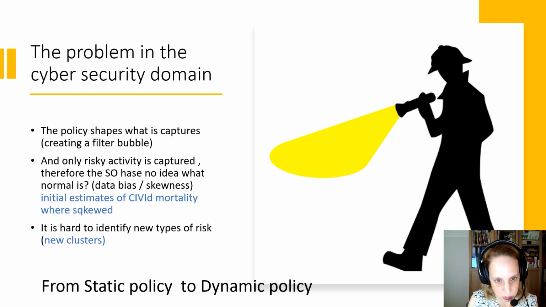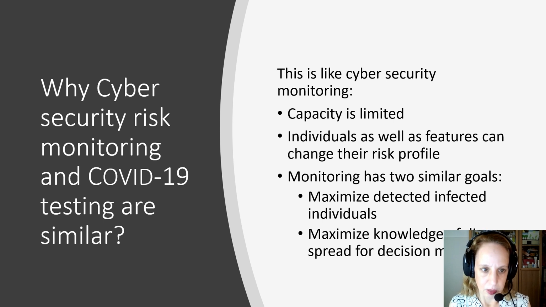And since we're only capturing the risky activity, the security officer doesn't really know what the normal activity looks like. So our data is really biased and skewed. For example, in the COVID-19 problem, the initial estimates of COVID-19 mortality were really skewed and really high because we were testing only people in hospitals and only dead bodies.